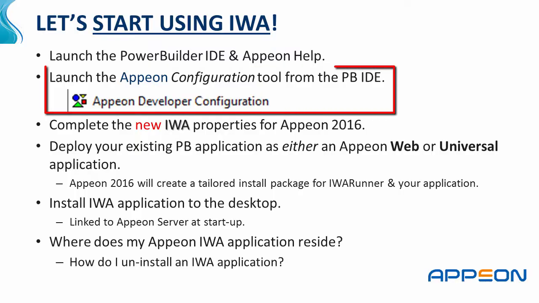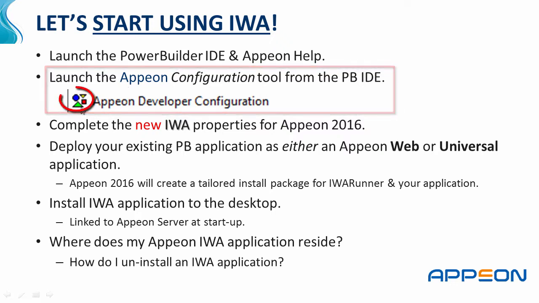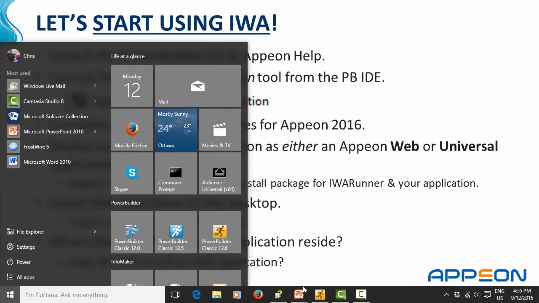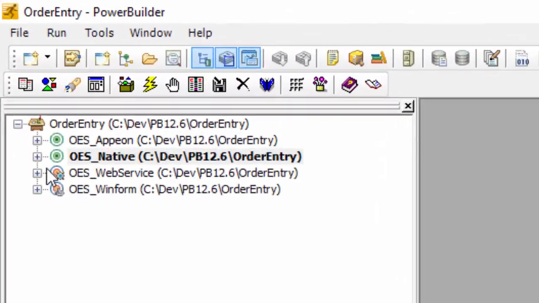First thing we need to do is launch the Appeon configuration tool from the PowerBuilder IDE using this icon here, and then complete the new IWA properties that were added in the Appeon 2016 product. So let's do that now. Returning back to PowerBuilder, we're going to have a look at this lower toolbar here, which represents the Appeon toolset in the Appeon Developer.